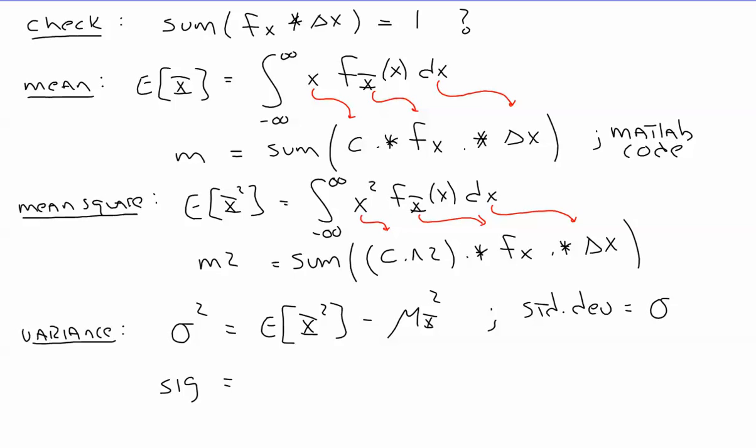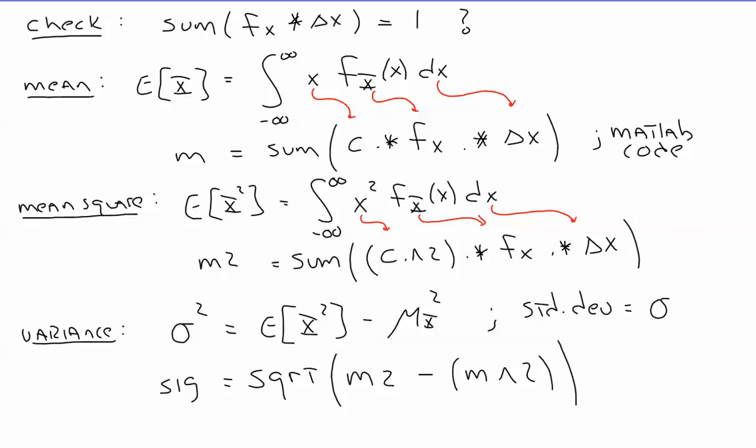In MATLAB, we could define a variable sig, meaning sigma, or our standard deviation, and that would be the square root of m2 minus m squared. All right, pretty straightforward.